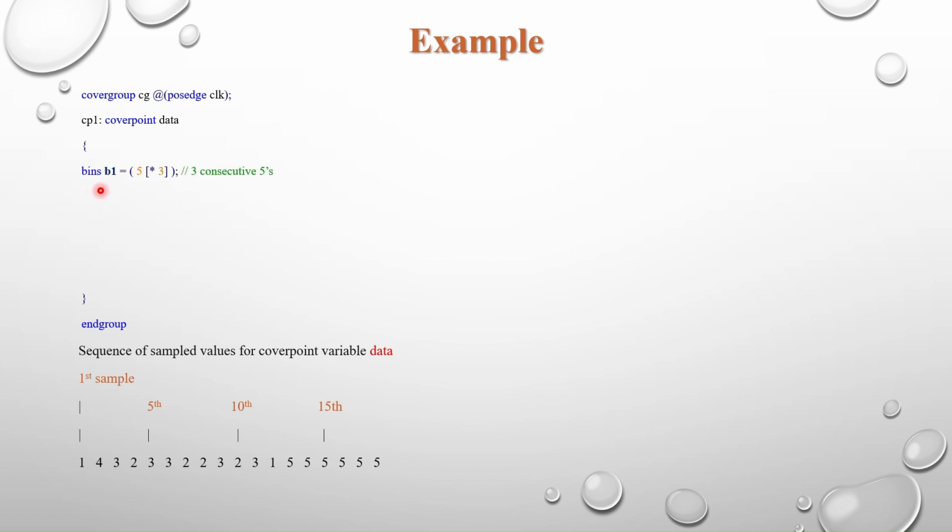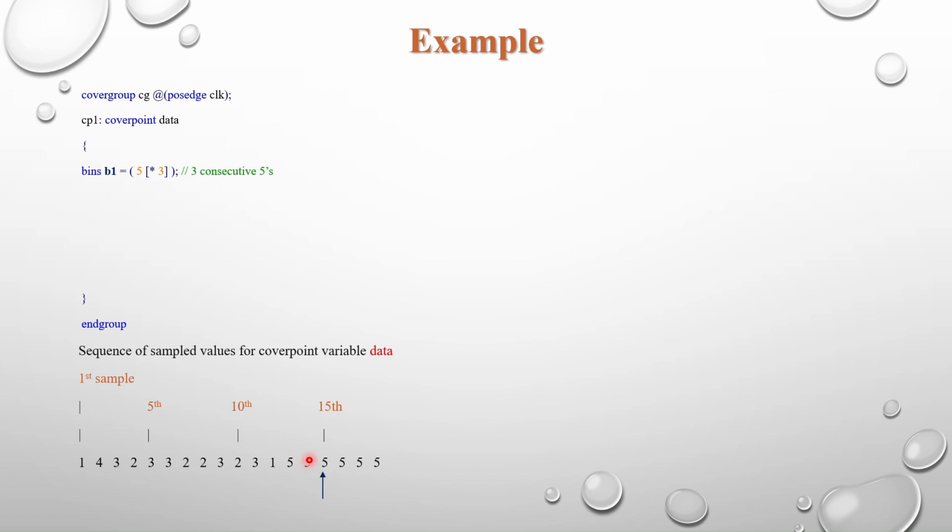The first bin for data is 5 star 3. This is a consecutive operator, so 5 has to repeat 3 times in consecutive order. That means while repeating the value 5 three times, there should not be another value between the repetitions. From here I have to check. 5 is there, so 5 has to repeat 3 times: 1, 2, 3, with no other value between. So bin B1 is covered 1 time.